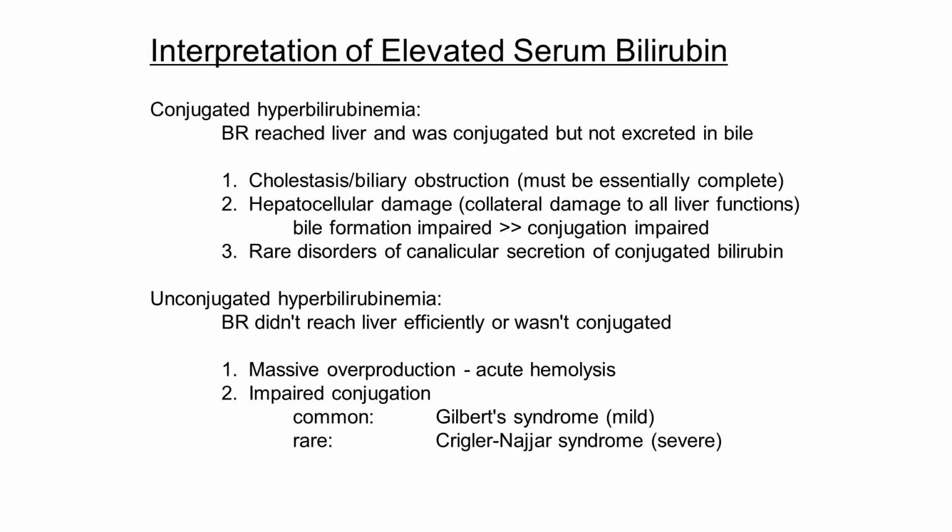There can also be impaired conjugation, as we mentioned earlier. Gilbert syndrome is a common condition that impairs conjugation of bilirubin in the liver. The more severe form is Crigler-Najjar syndrome, but it is more rare compared to Gilbert syndrome.